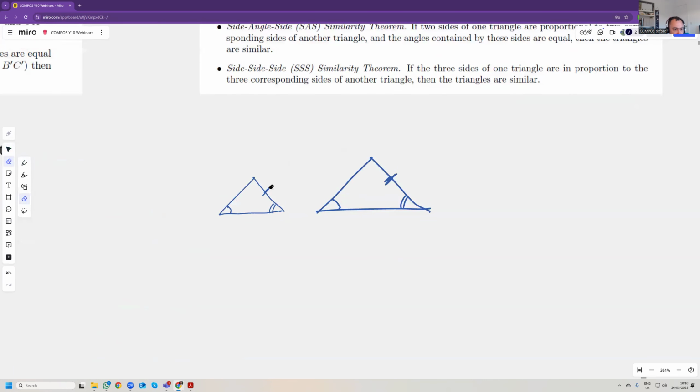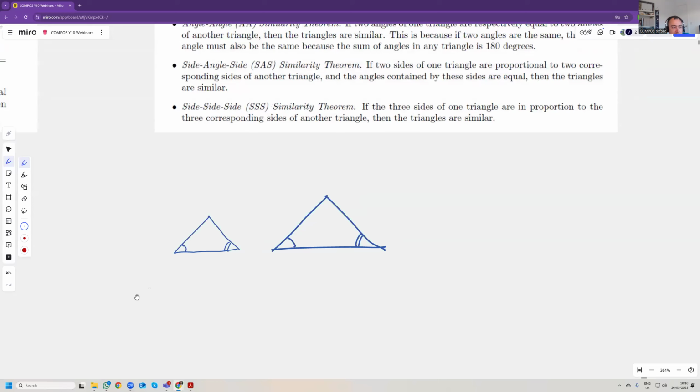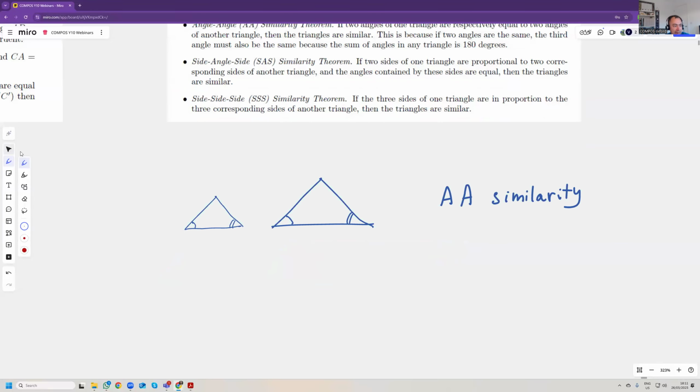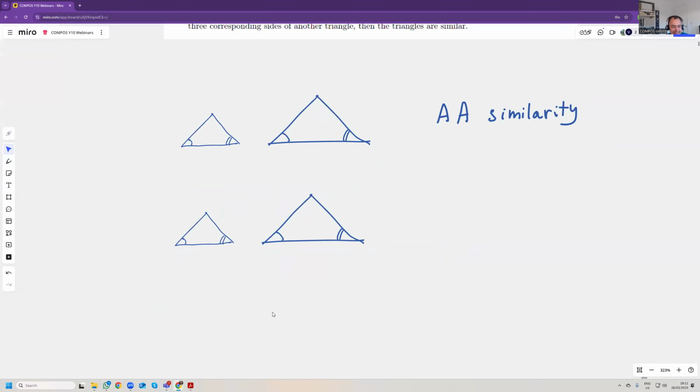So you have two angles similarity, that's angle, angle. If you have two angles equal, angle, angle similarity. You have angle, side, side, sorry, side, angle, side. And side, side, side similarity.